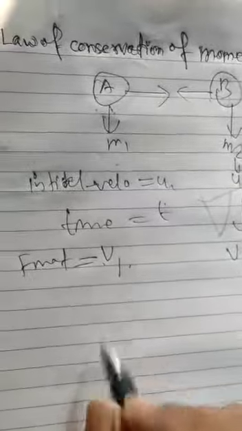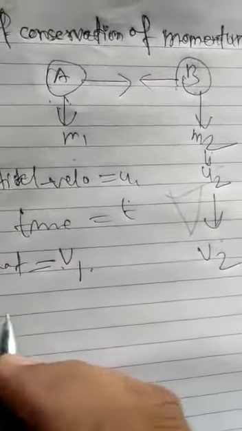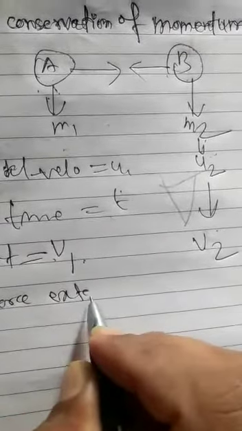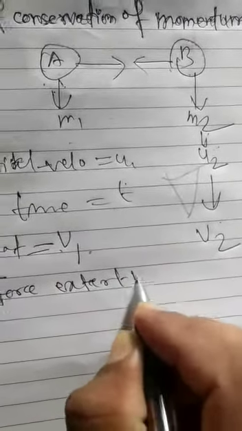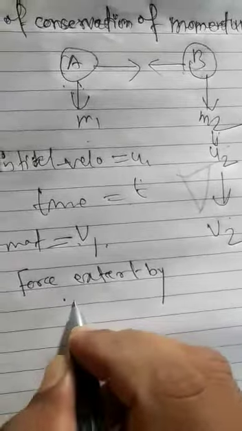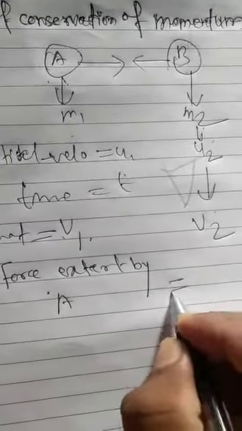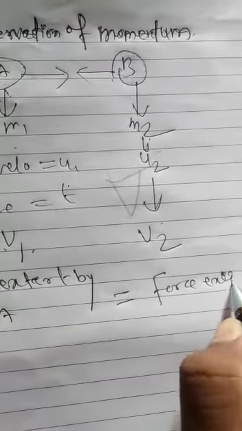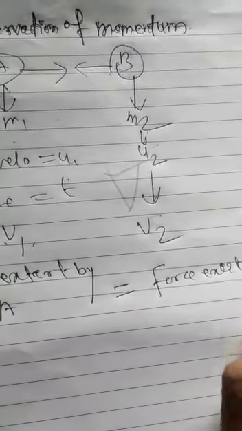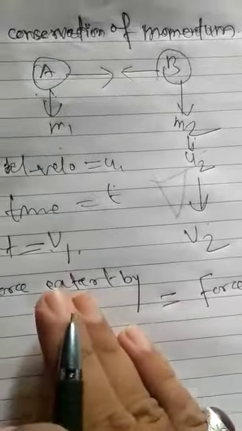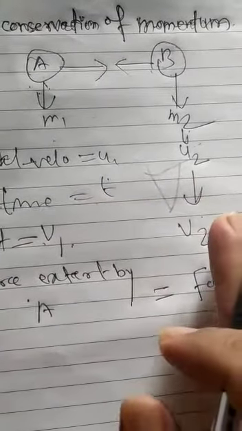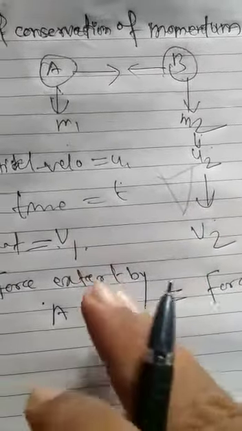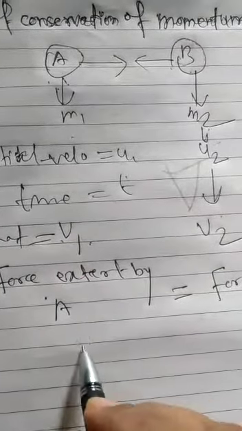Therefore, we can write the force exerted by A is equal to the force exerted by B, because A exerts force on object B and B at the same time exerts force on A. So here F is considered.